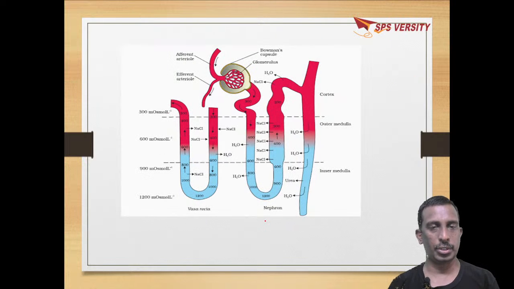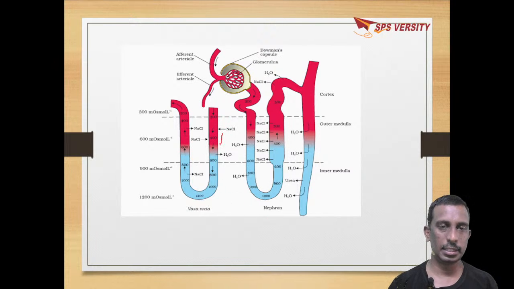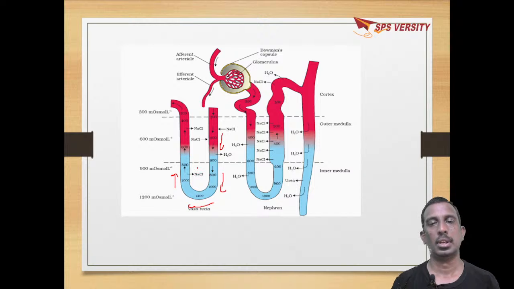If you see the picture very carefully, in the vasa recta the flow of blood is in this direction, whereas in the loop of Henle the flow of filtrate is in the opposite direction.